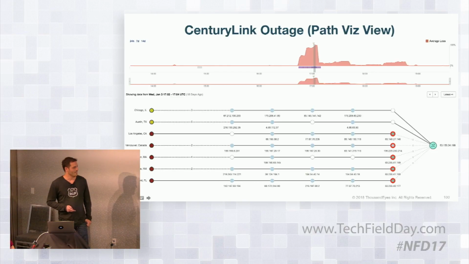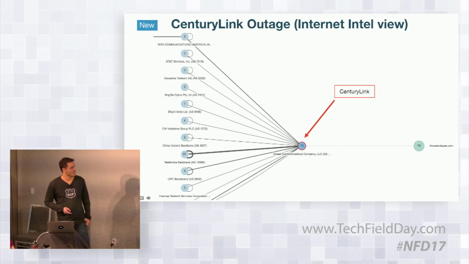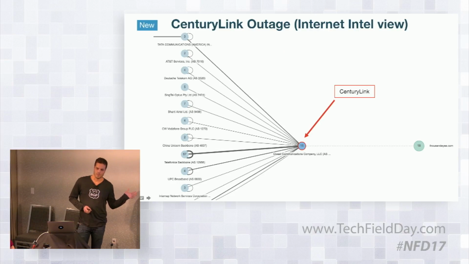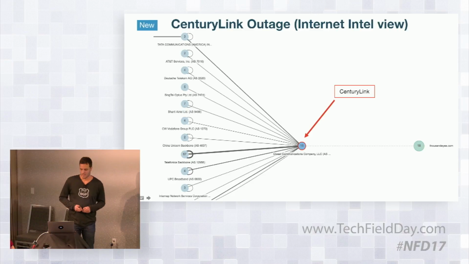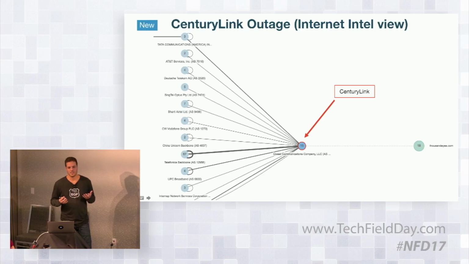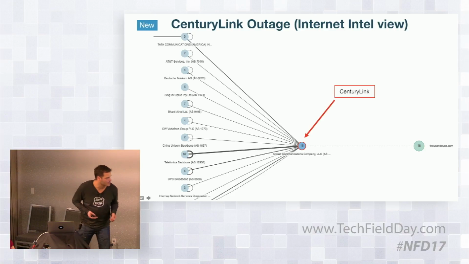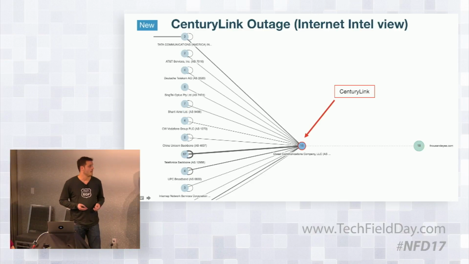And then if you look at the outage, this is a new visualization we're working on. The way to look at this is you have on the right-hand side an aggregation of interfaces of endpoints belonging to ThousandEyes, so services at ThousandEyes.com. There's about 18 of them. And the numbers inside each circle are interfaces.